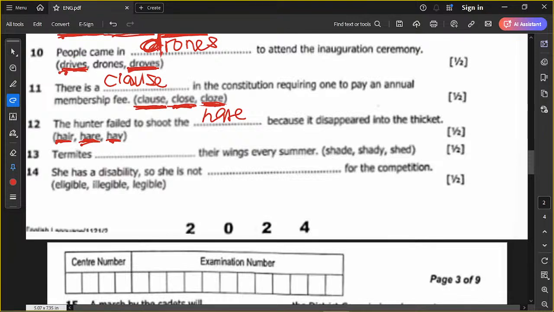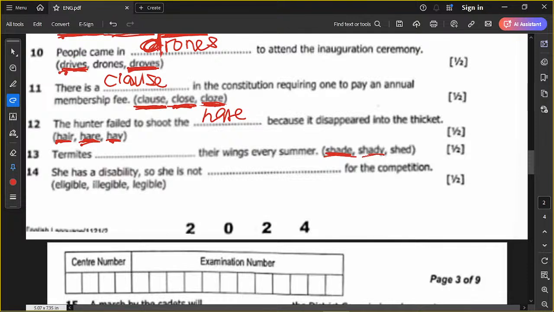All right, we go to question 13. Question 13. The termites dash their wings every summer. So there is shade here, which is mostly referring to paint.